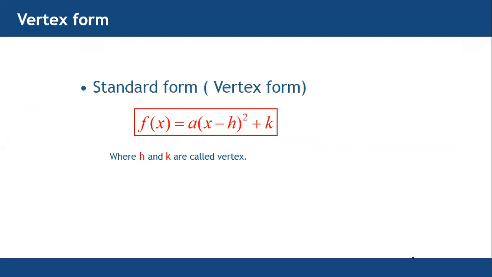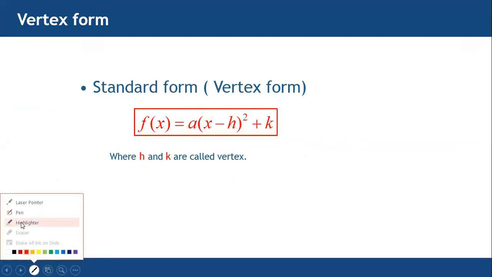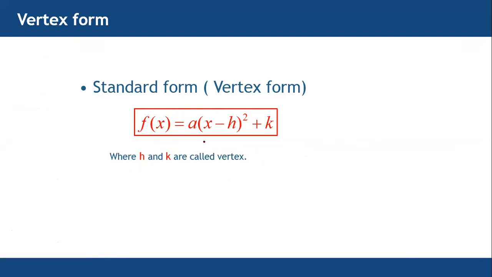The standard form or vertex form of a quadratic function: f of x is equal to a into (x minus h) squared plus k, where h and k are the vertex point.